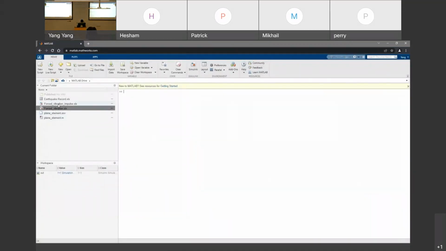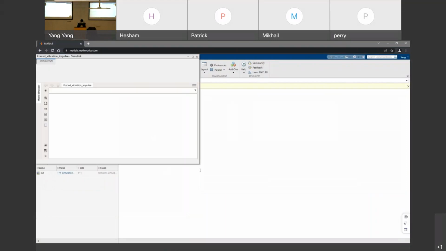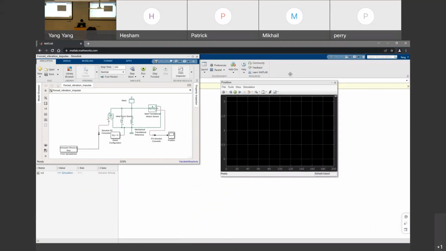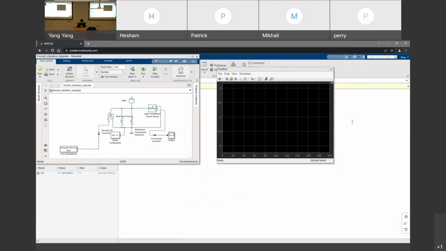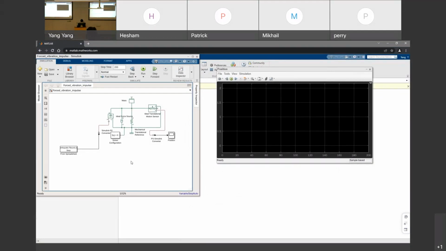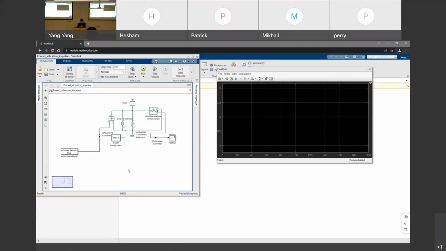So here, I did the same model, but the input is not a sine wave.